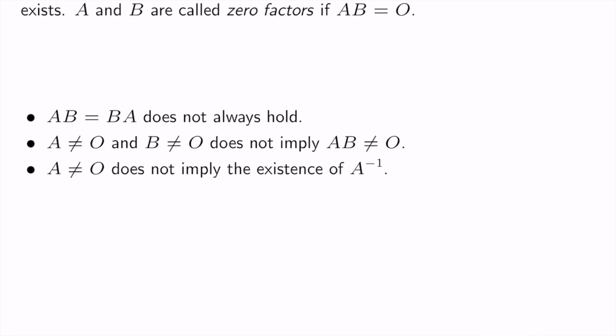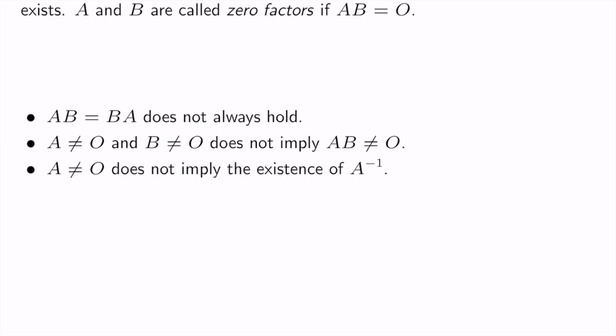So let's summarize the peculiar properties of the matrix product. AB equal to BA does not always hold. So the matrix product is not commutative. And A not equal to 0 and B not equal to 0 does not imply their product is a non-zero matrix. So it can be a zero matrix, although neither A nor B is a zero matrix.